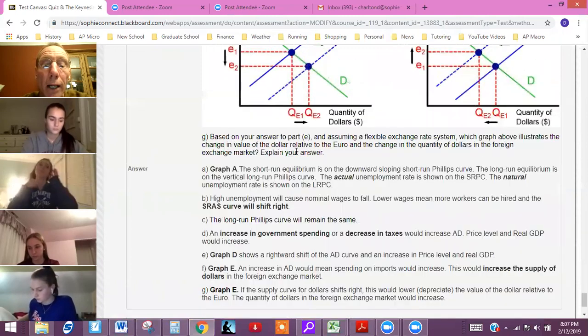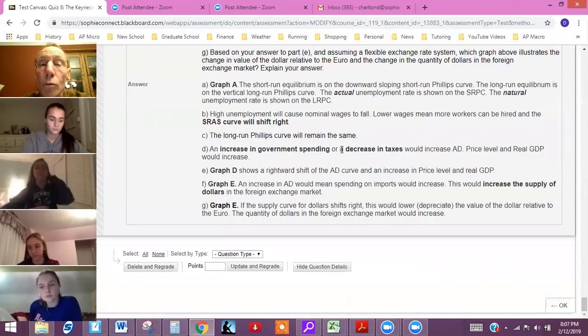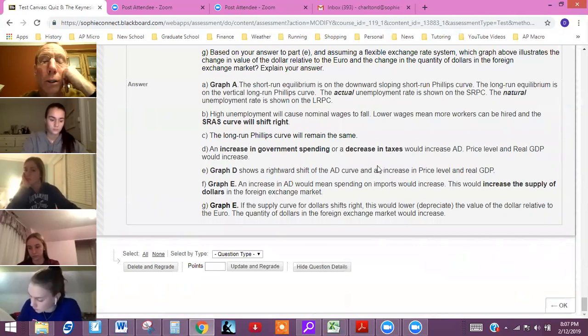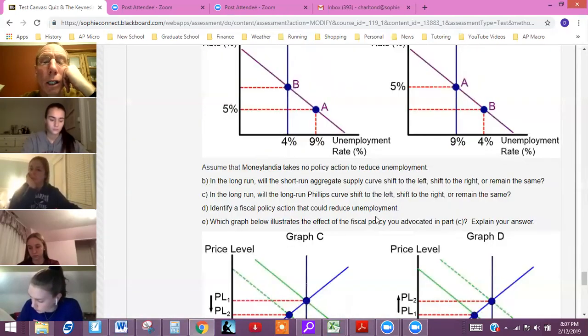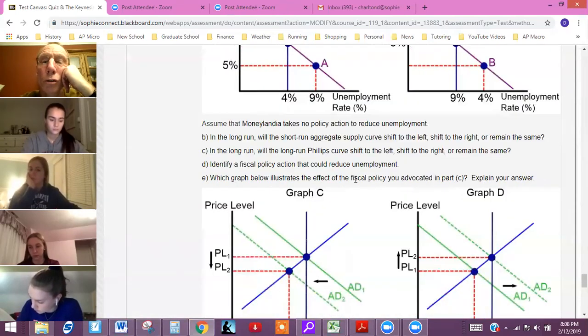All of you said either raise government spending or decrease taxes. You got that right. Now, here's where you guys had a little bit of a problem. Part E: which graph below?